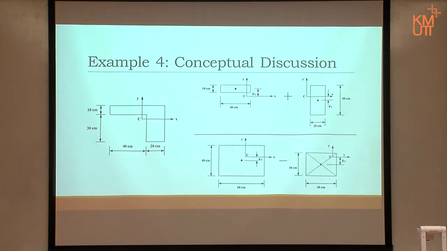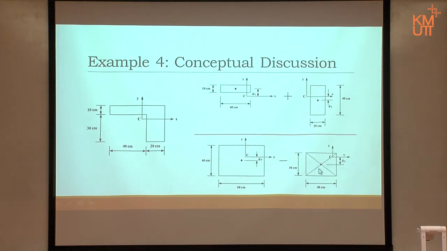It could be either way, meaning that rectangle is the big rectangle, the whole thing here. We can find Ix for the whole rectangle. Then that one signifies the hole here. The hole here is also a rectangle, right? So we can find Ix of that. You notice that axis is on the top right of the hole, right?